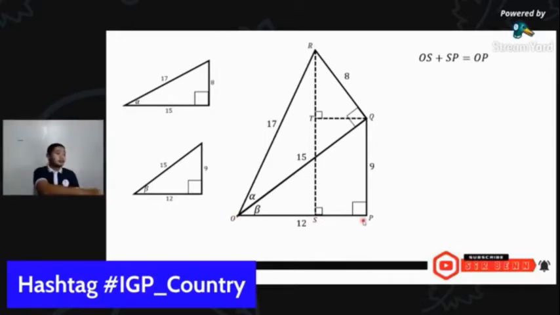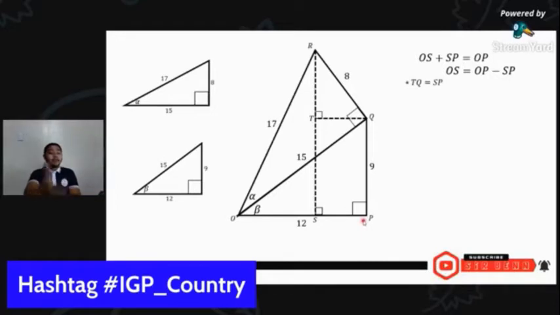Now, OS, just like what I've said a while ago, we need to identify the value of OS. So OS is equal to OP minus SP. So we apply here the addition property of equality. We added negative SP on both sides of the equation. Now, notice this one.